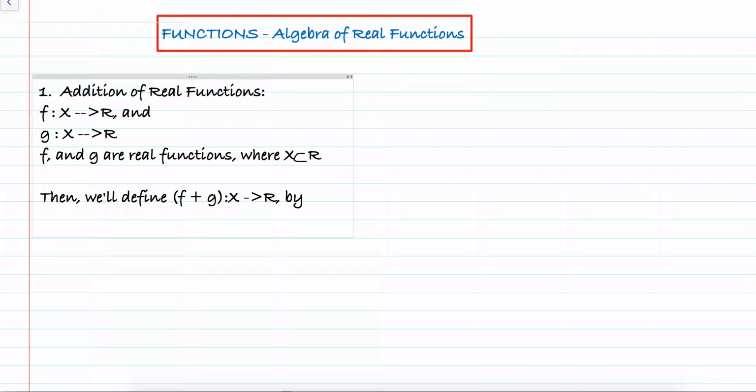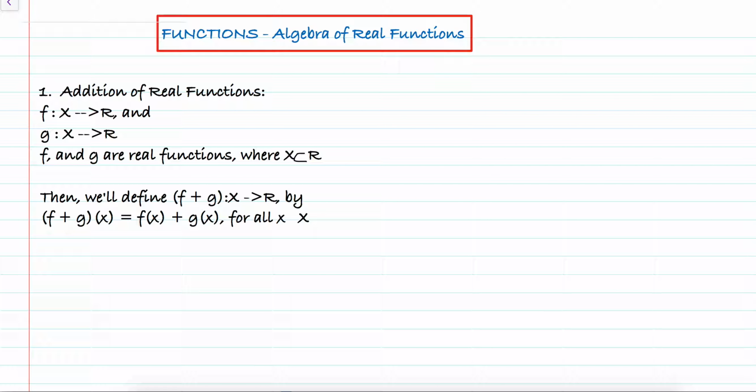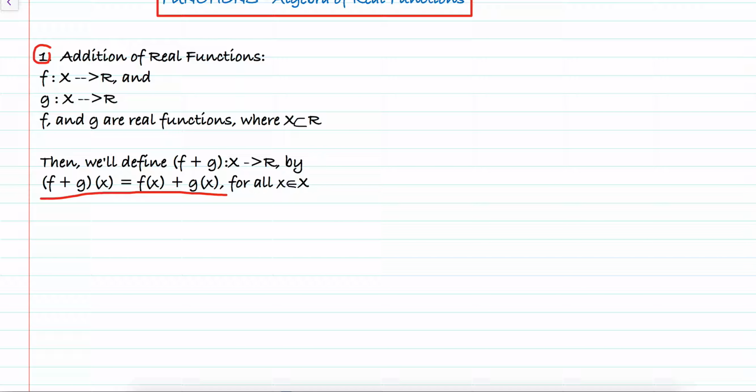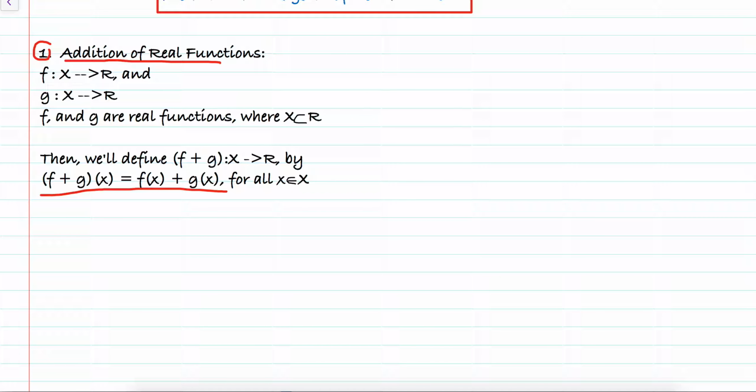So we will define this by (f plus g)(x) for all x belonging to capital X. So this was addition, and we will see an example of this later. First we will define this.